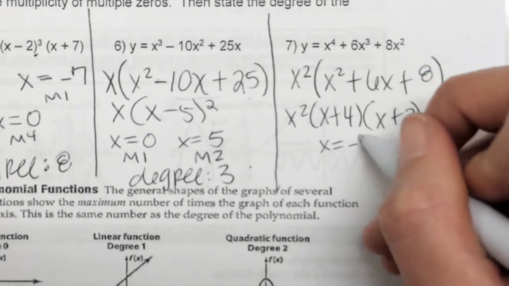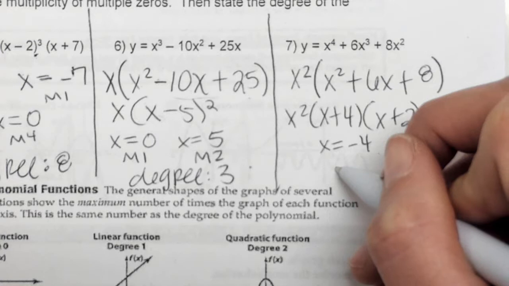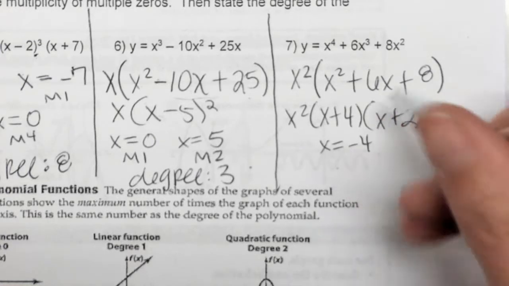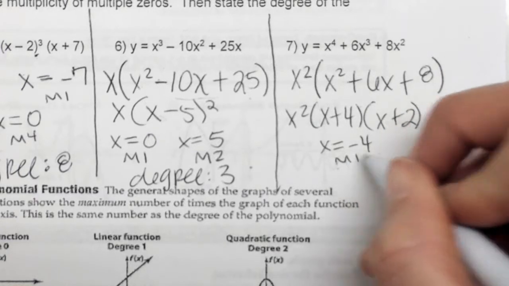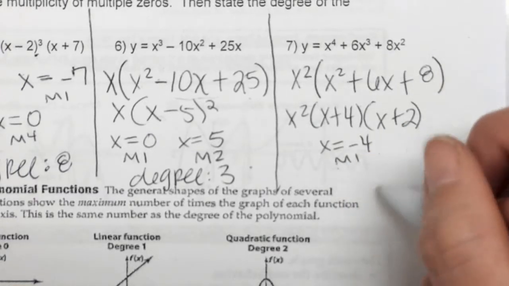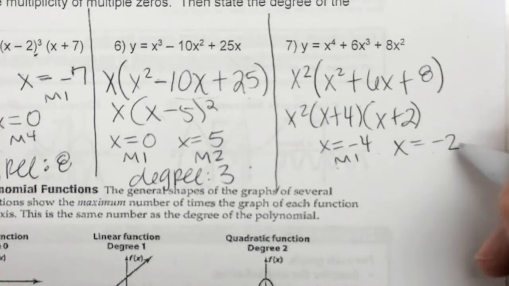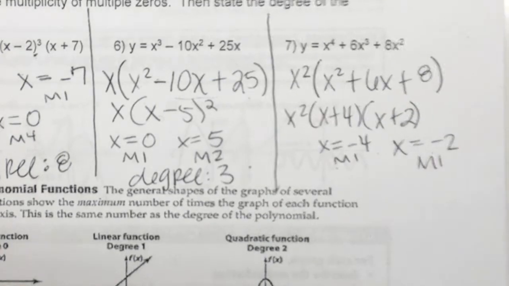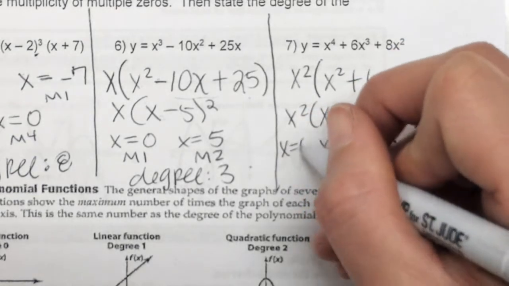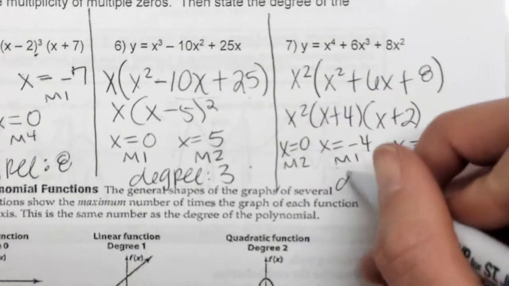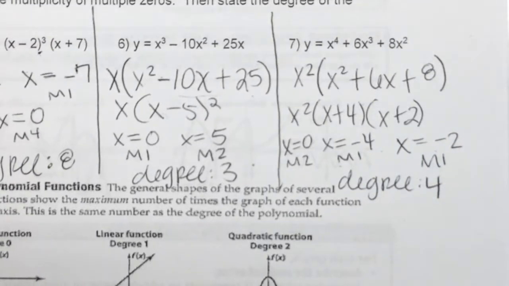Good. And what's that multiplicity? What's that exponent out here? Good. Alright, William, what's another zero besides negative 4? -2. And what's the multiplicity? 1. And Simon, what's my last zero? 0. And what's the multiplicity? 2. Very good. So what's my degree? Very good. Did everybody get this on their own?